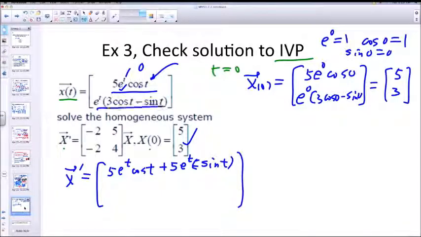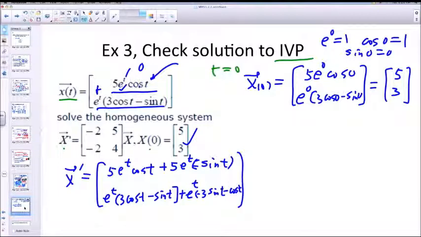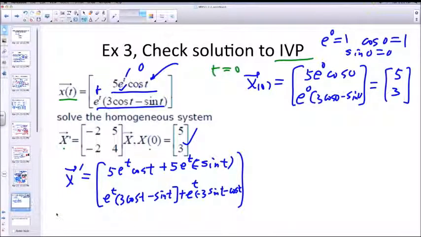And to take that derivative, it's itself: take a derivative of this one first, and then keep the first, take a derivative of the second, and the minus cosine t. That's the left hand side. Now you can reduce a little bit.